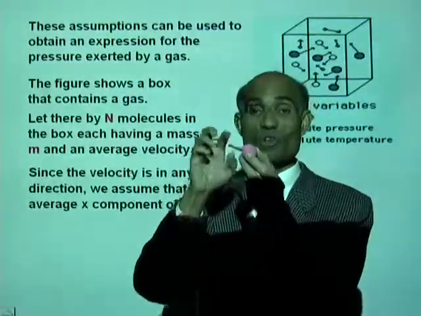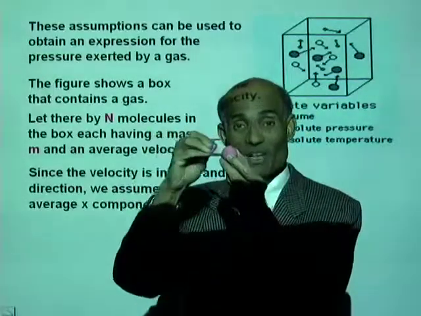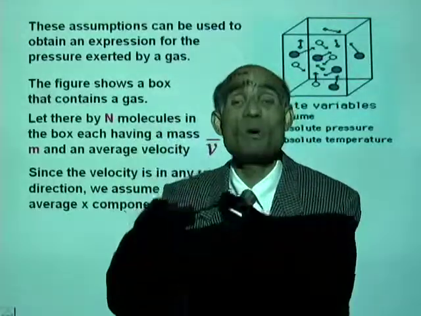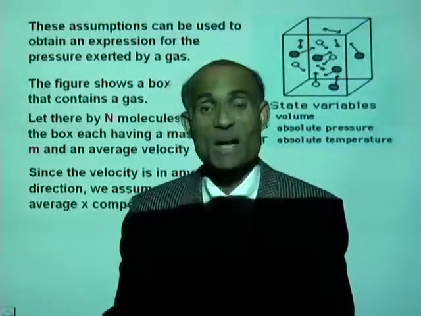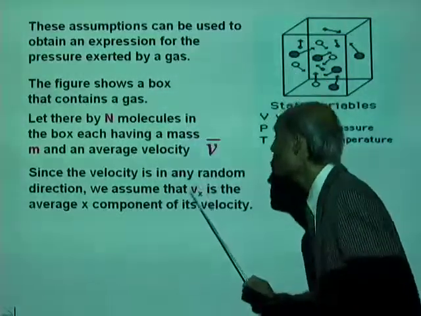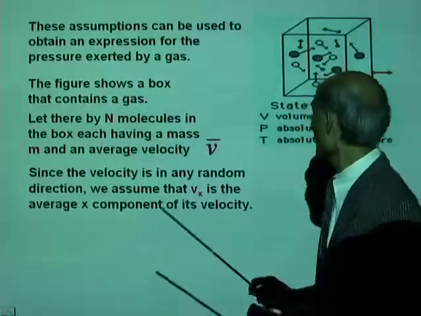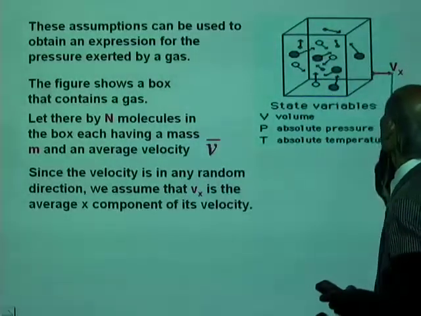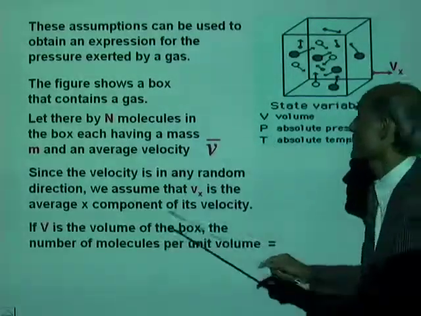So we are going to concentrate on the motion of this molecule in the x direction. And then we can take the y and z components later on, right? So let v sub x be the x component of this average velocity. All right, so you got a molecule there, its velocity is v sub x.